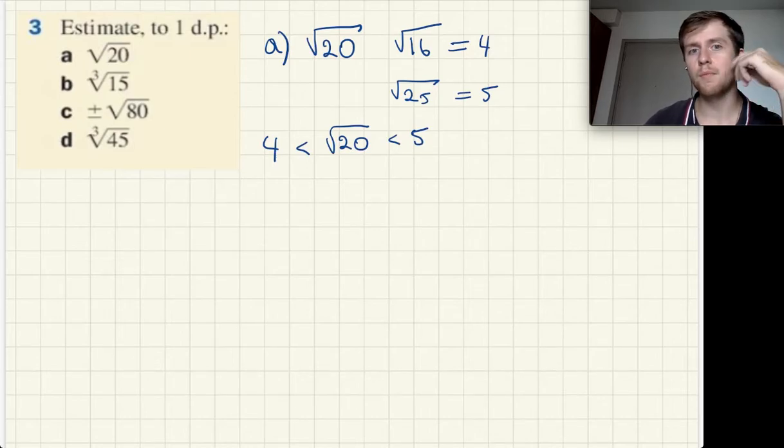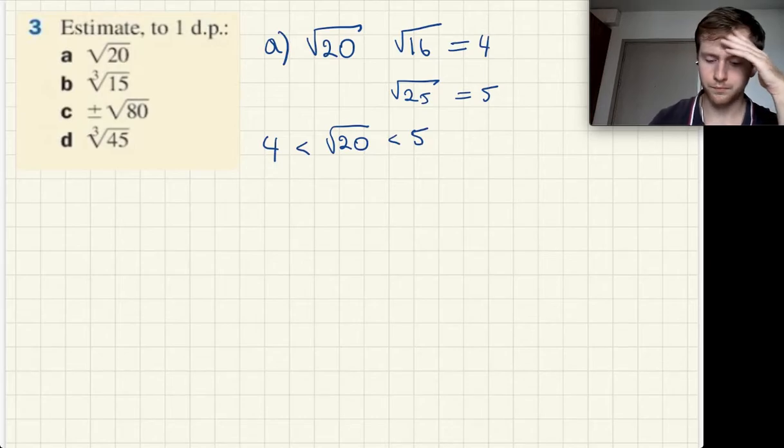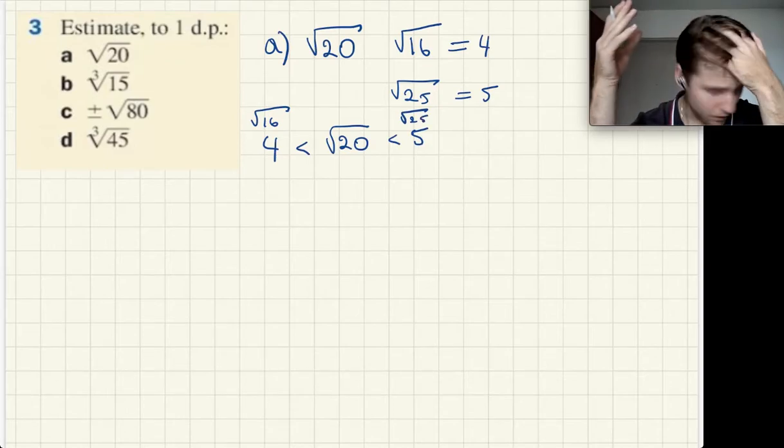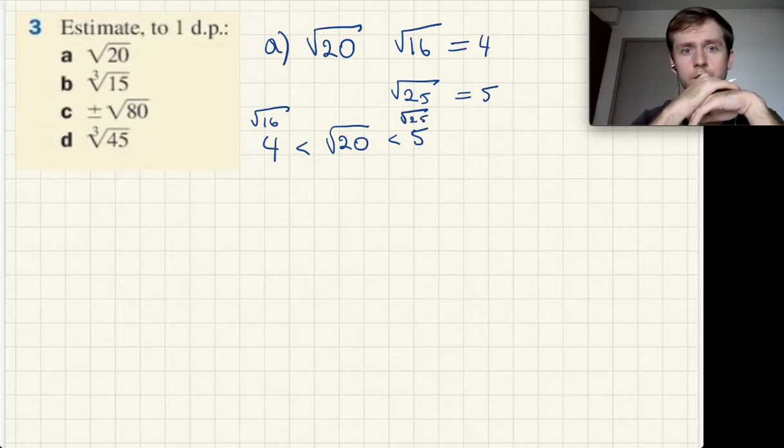It's kind of in the middle, you see? So again, square root of 16 and square root of 25. 20 is right in the middle between 5 and 4, between 25 and 16. A little bit closer to 16.